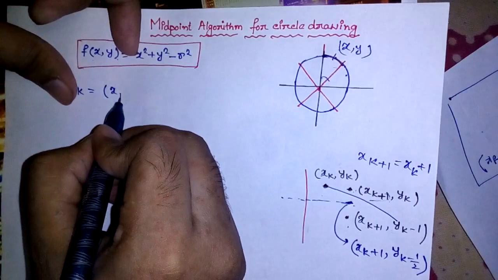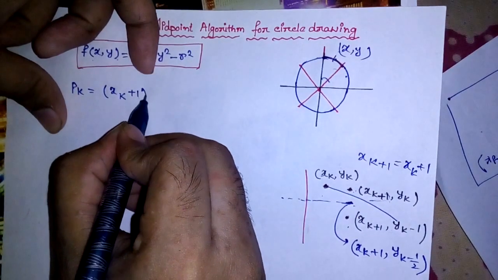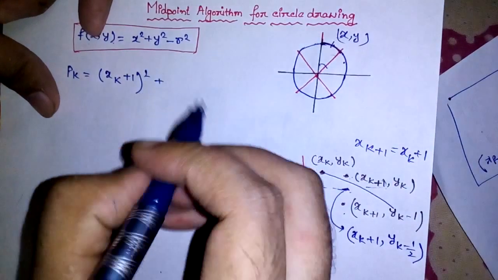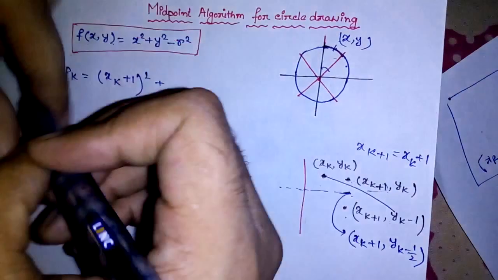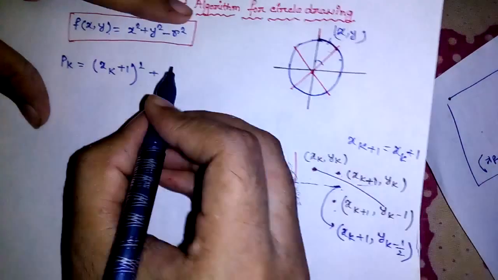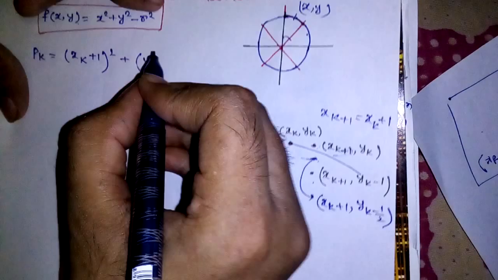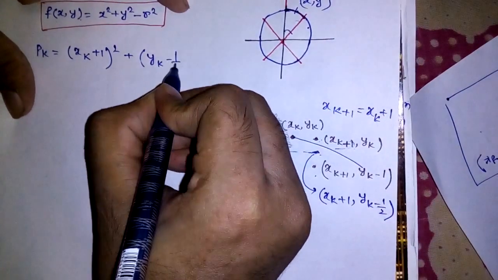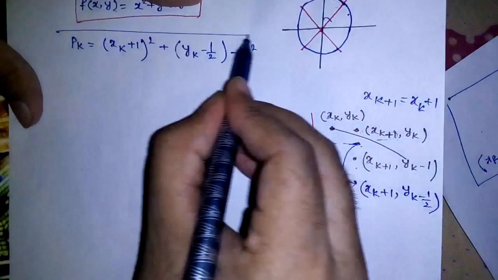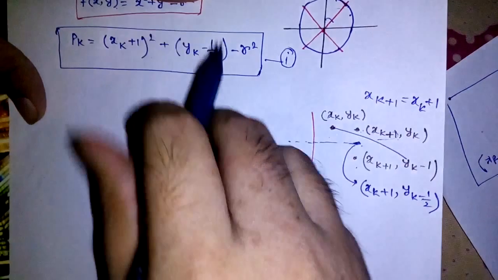Actually I can write x suffix k plus 1 as xk plus 1, because we are going to increment x in unit intervals, but I cannot write y suffix k plus 1 as yk plus 1, because I should select the y value based on this decision parameter. Now what is the midpoint? This one, yk minus half, minus r square. Now this is the value of pk. Let's name it as equation 1, and I'm going to find another equation.